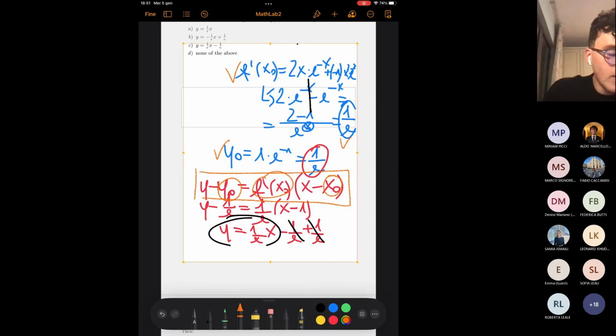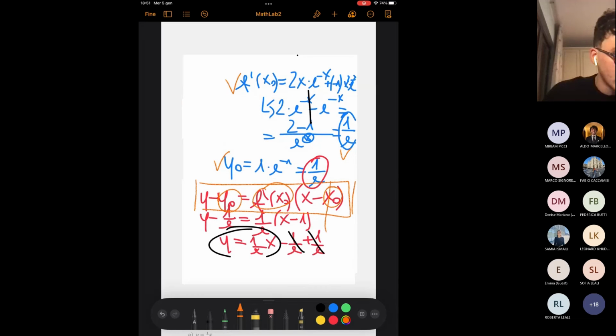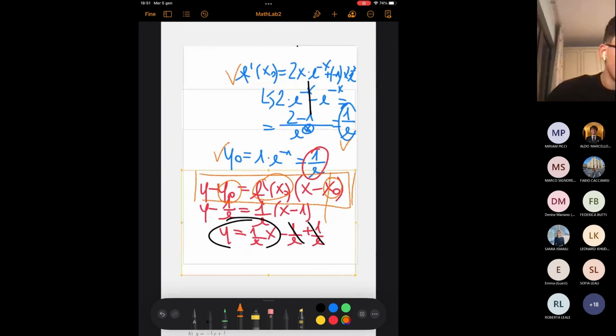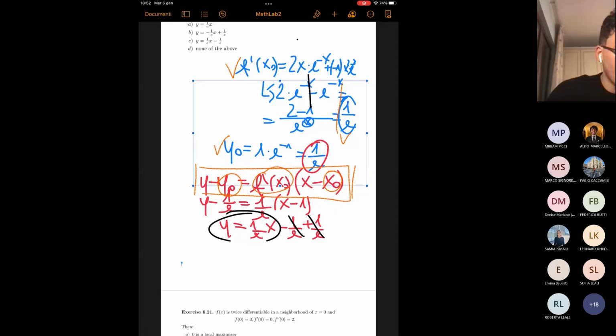We had all these points calculated, and so we could calculate the formula for the tangent line. So that's all about how to calculate the tangent line.